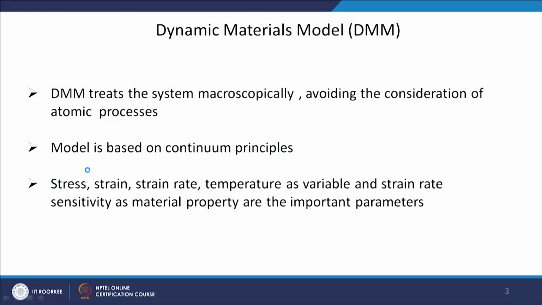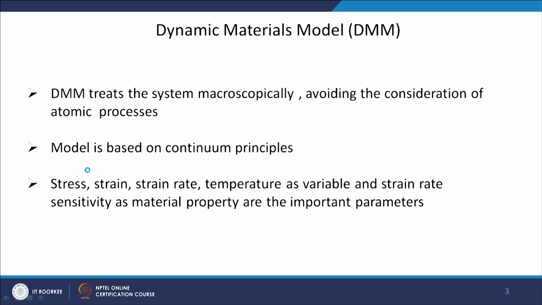So, already we have discussed that whenever you are deforming a material, if you touch the material after the deformation, there will be some temperature rise in the material, and that is due to the dissipation of whatever energy or power you are putting in, in the form of heat. So, this created the argument for generation of a processing map.